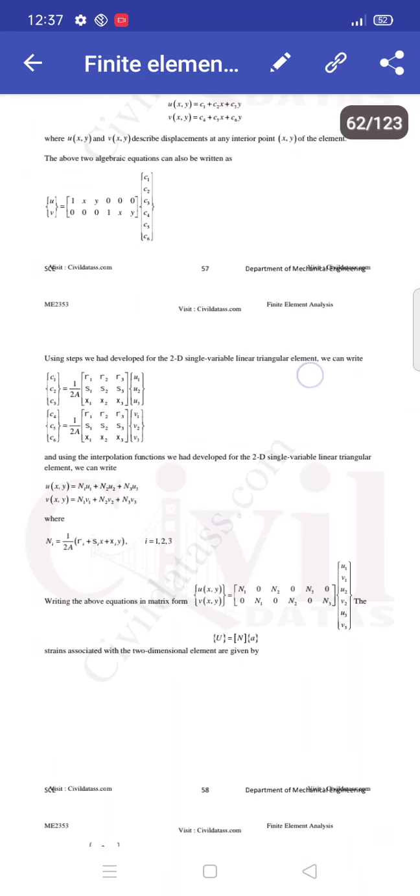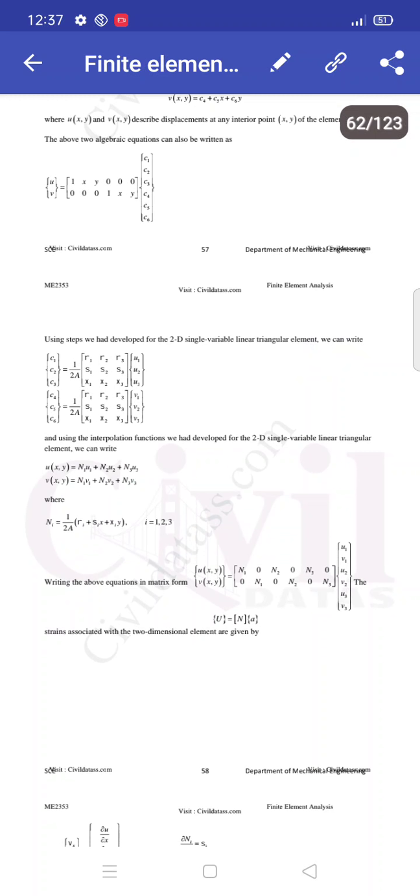Using the interpolation functions we had developed for the 2D single variable linear triangular element, we can write u of x comma y equal to n1 u1 plus n2 u2 plus n3 u3, and v of x comma y equal to n1 v1 plus n2 v2 plus n3 v3, where n1 is equal to 1 by 2A times r1 plus s1x plus t1y.